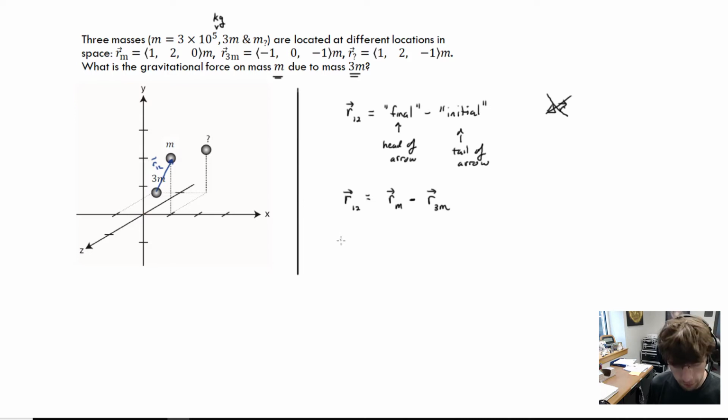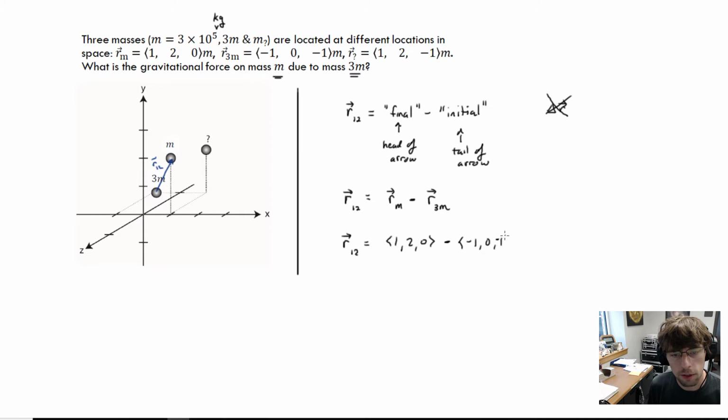Well, we're off and running like a herd of turtles here. We know that we have algebraic expressions for both of these, right? Those are given in the problem. We have 1, 2, 0. Excuse me, it's a bale of turtles, not a herd of turtles. Minus, and then we have negative 1, 0, 1.